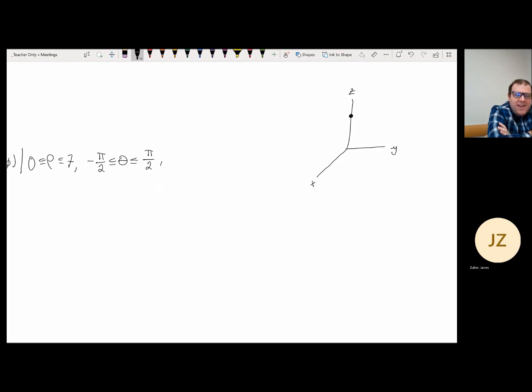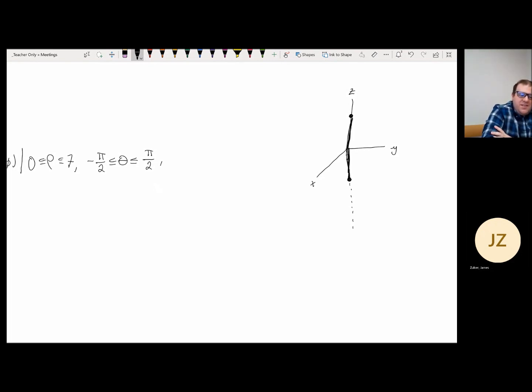By what angle is that ray declining? Yeah, right? On the z-axis, but now below the xy plane. By what angle does that ray decline? Pi, right?